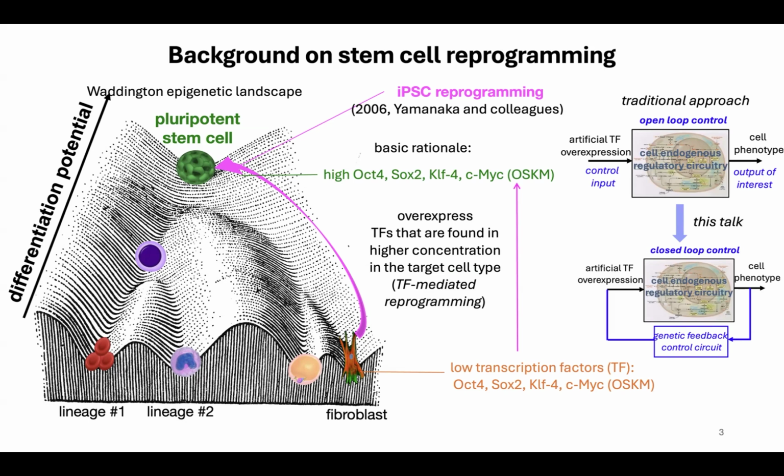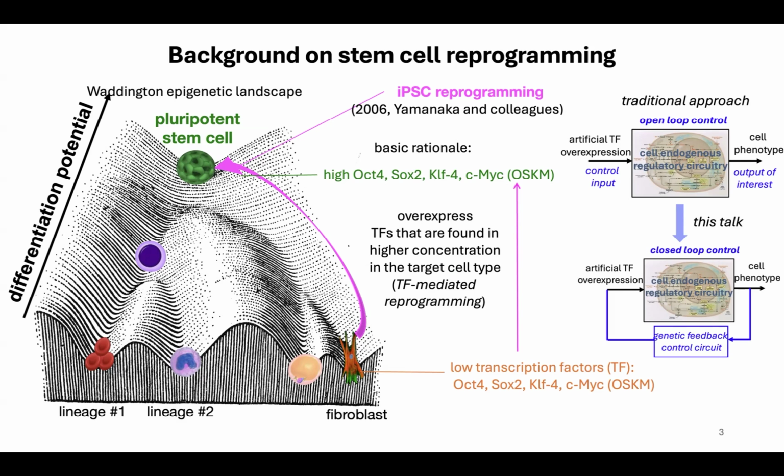And so at a high level, what are we going to talk about today? At a high level, you can regard this process as an open loop control problem where you have artificial transcription factor overexpression as a constant input to your system. You can almost regard it as a control input. And then the output is the cell phenotype that you're trying to control.